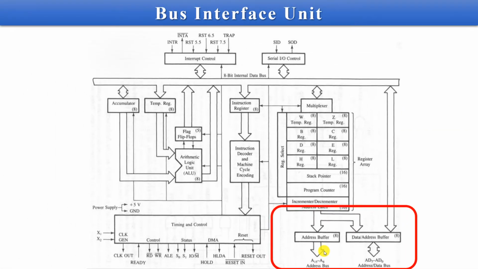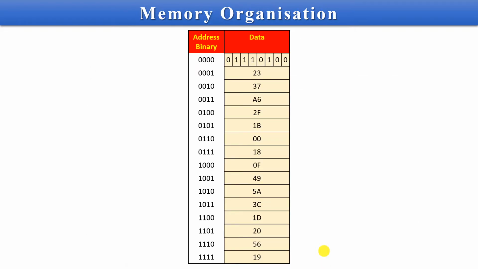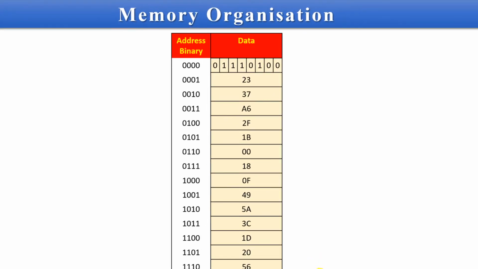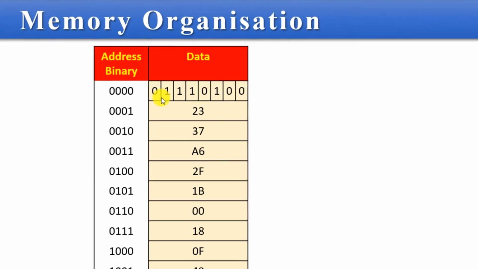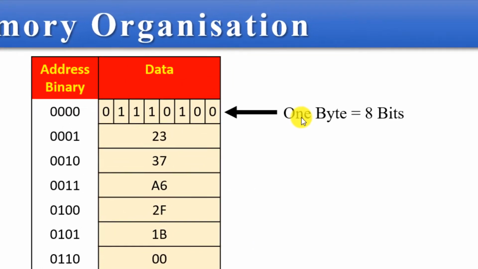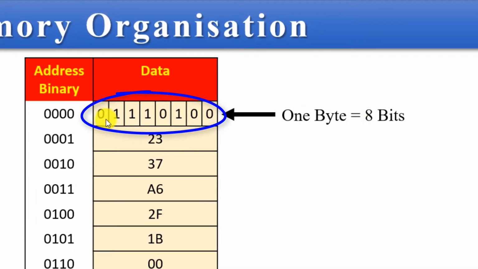Since we have talked about the memory, first of all let us understand what the memory of the 8085 looks like. I have shown a small memory block where data is organized in 1 byte per memory location, that is 8 bits in that particular byte.